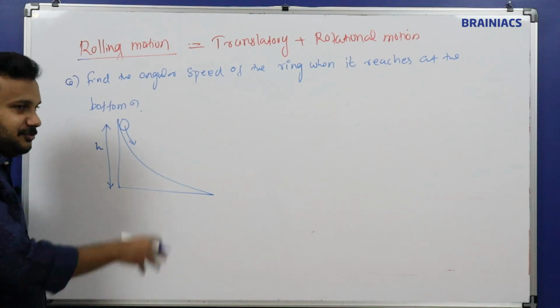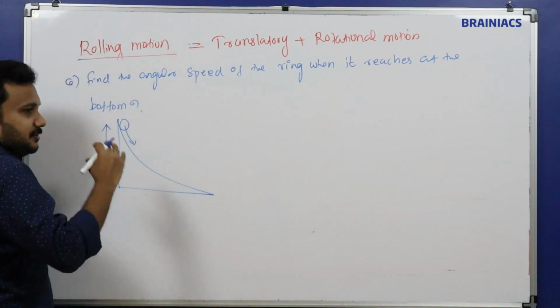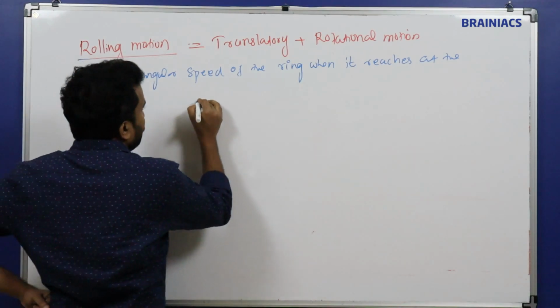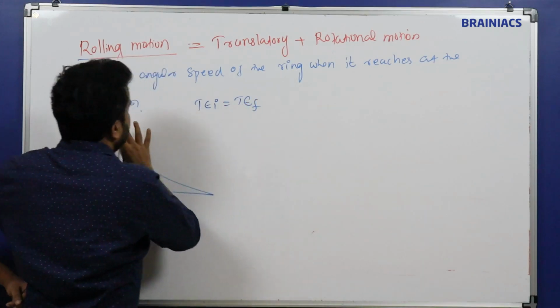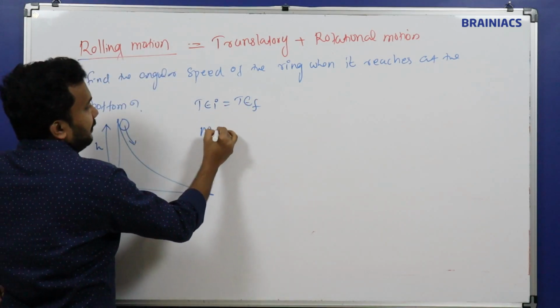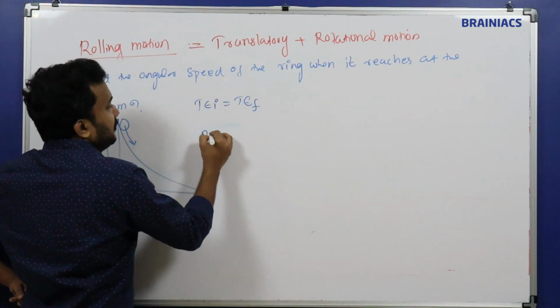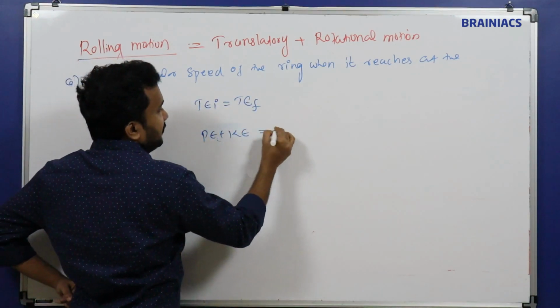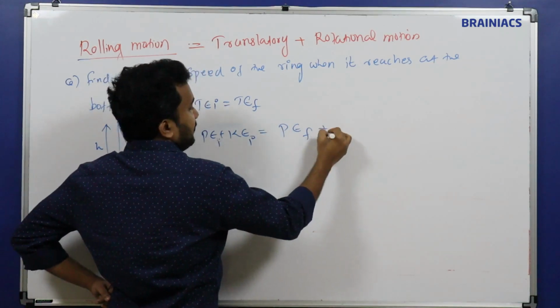So what do we do in this kind of question? Initially it is at rest, then it starts. We apply total energy at the initial point equal to total energy at the final point: potential energy plus kinetic energy initial equals potential energy plus kinetic energy final.